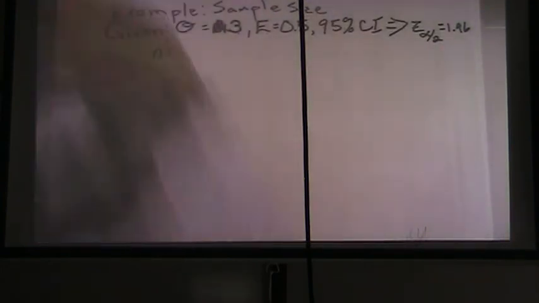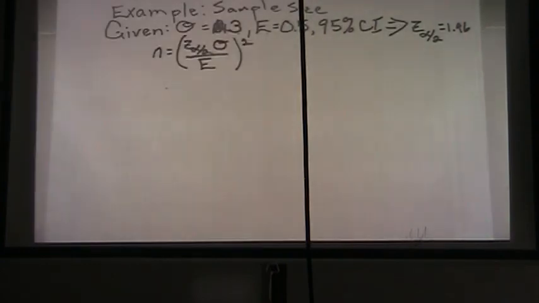All right, once again, our sample size equation, N equals the quantity Z alpha divided by 2 times standard deviation divided by error, that quantity raised to the second power.